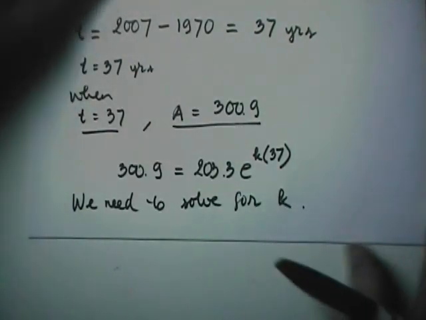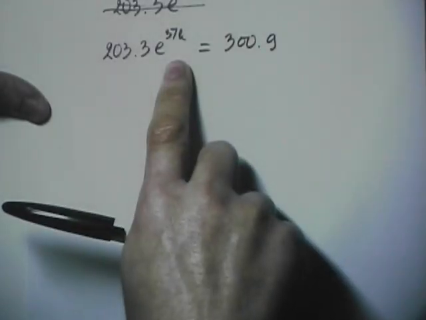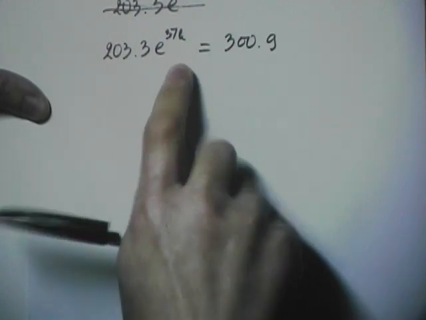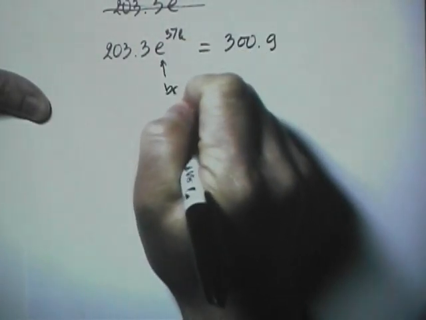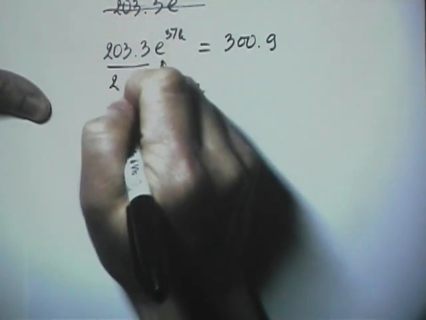The equation is 203.3 e to the 37k equals 300.9. I hope you recognize this equation right here is an exponential equation, and it's base e. So the way to do that, first of all, I'm going to divide both sides here by 203.3.